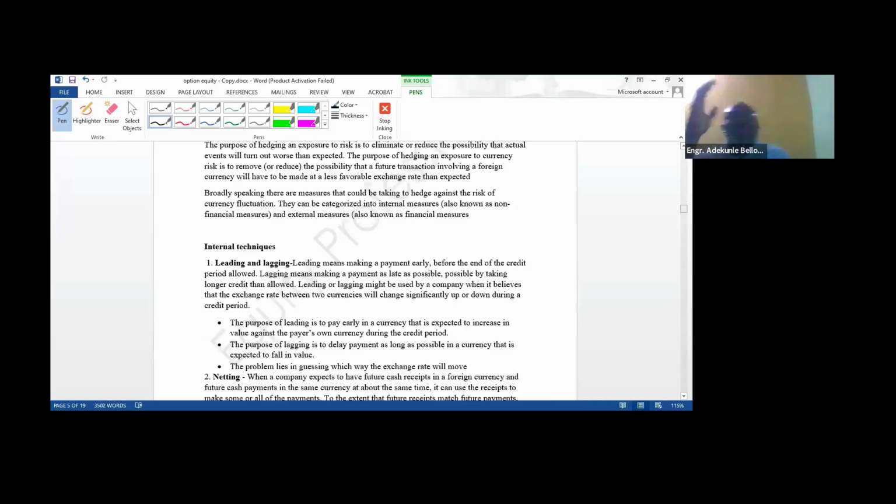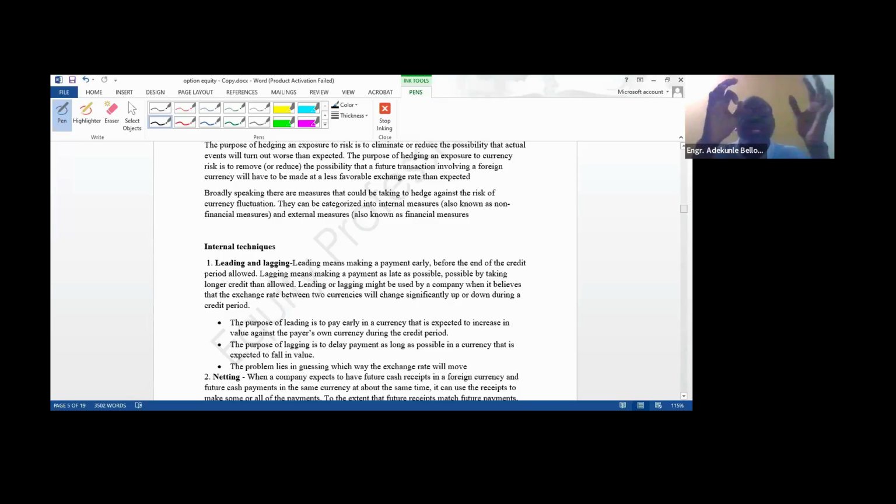The hedging method, the method of protecting companies against the risk of exchange rate fluctuation, can be categorized into two.